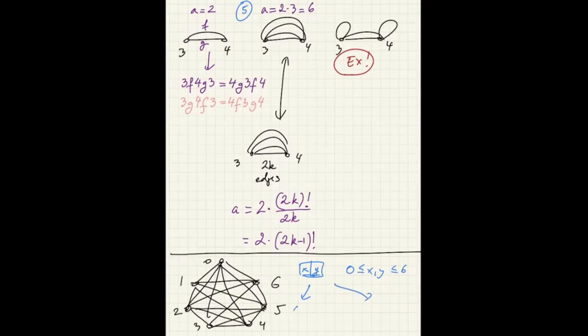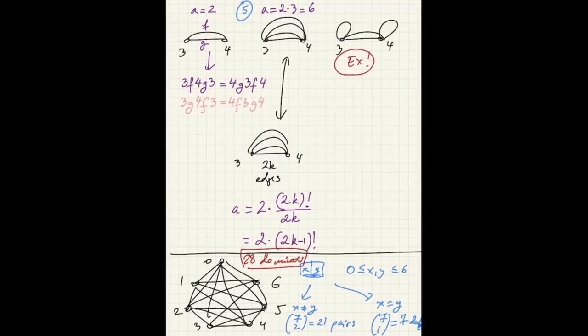If x is different from y, then we have 7 choose 2, which is 21 pairs. And when x equals y, we have 7 choose 1, which is exactly 7 doubles. So here one ends up with 28 dominoes. By an argument similar to the previous one, you can show that there is a circular arrangement of all these dominoes, and you can actually count them, but I'm not going to do that.